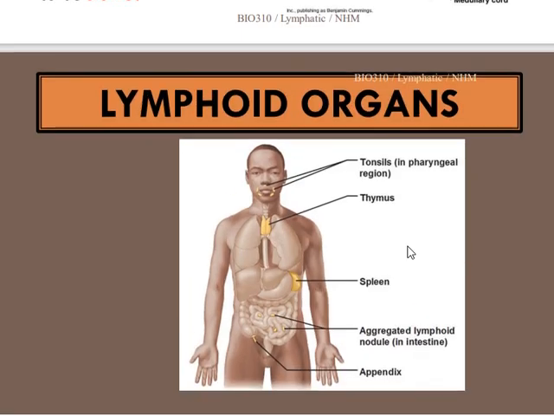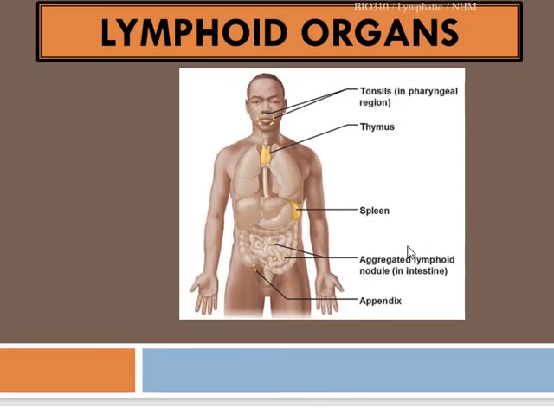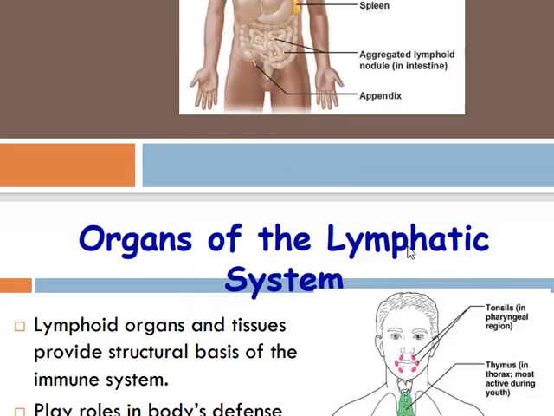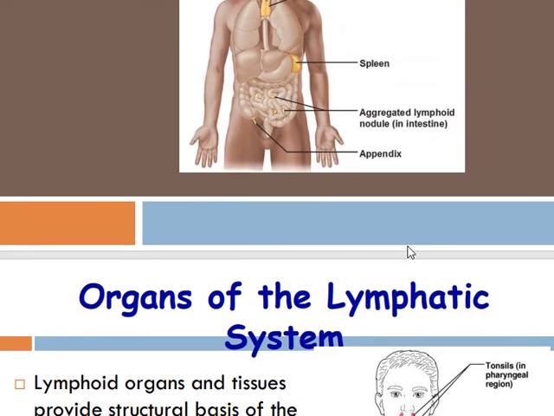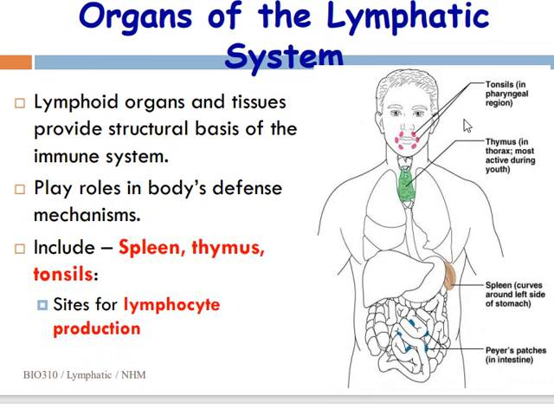Okay, and there are a few lymphoid organs that are very important for the lymphatic system. As you can see here, we have the tonsil, the thymus inside the thorax, the spleen beneath the stomach, and also the Peyer's patches in our intestine.